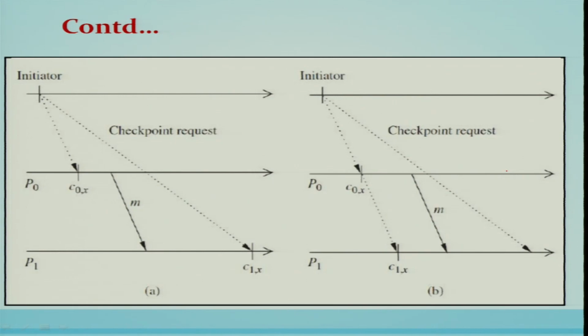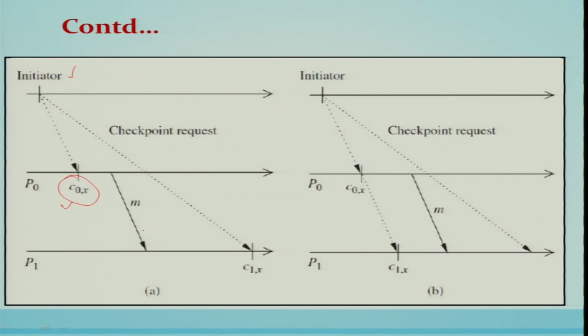As we were saying, this is the initiator of a checkpoint, so it will send this checkpoint request. This request reaches P0 at this instance and P0 will take its checkpoint, that is C0x, and after that it will send a message M to P1.